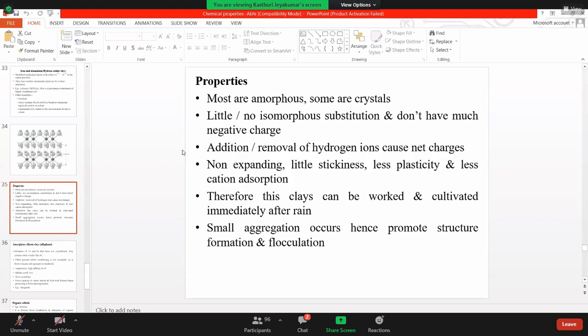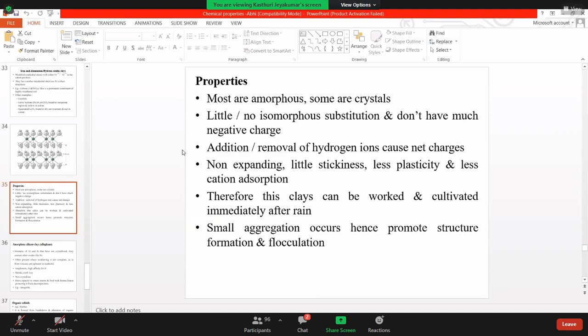Addition or removal of hydrogen ions causes net charges. Non-expanding, little thickness, less plasticity, and less cation adsorption. Therefore, this clay can be cultivated immediately after rain. Small aggregations occur, hence promote structure formation and flocculation.